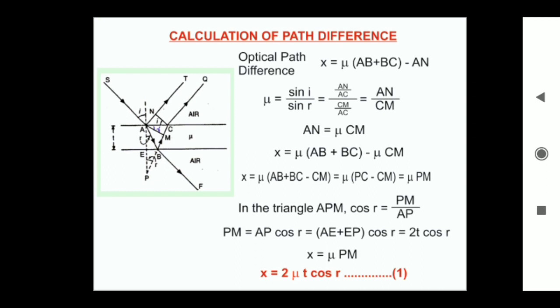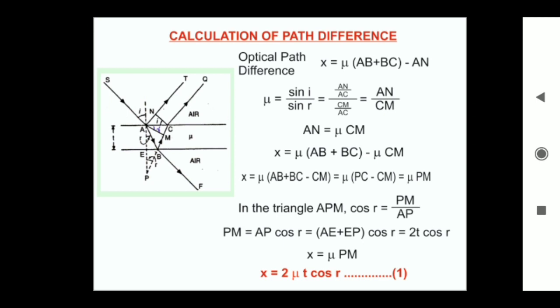In the triangle APM, cos r is equal to PM by AP. Therefore, PM is equal to AP cos r, and it is equal to (AE plus EP) cos r.